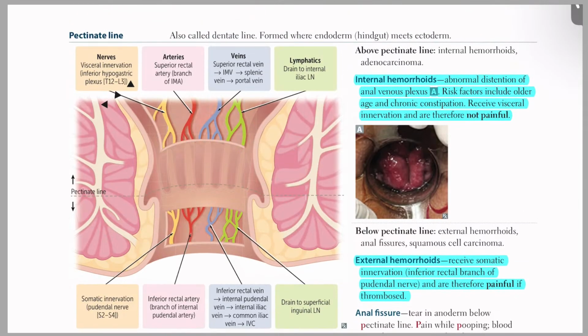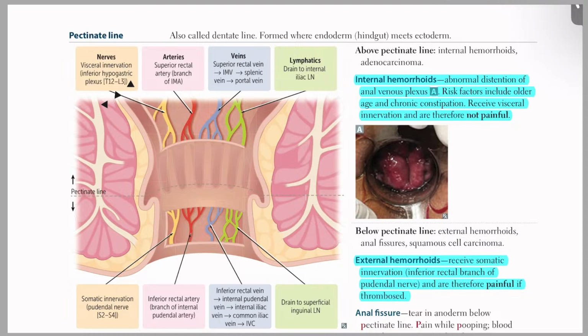Pectinate line, also called dentate line, formed where endoderm of hindgut meets ectoderm. Above the pectinate line: visceral innervation, inferior hypogastric plexus, T12 to L3.